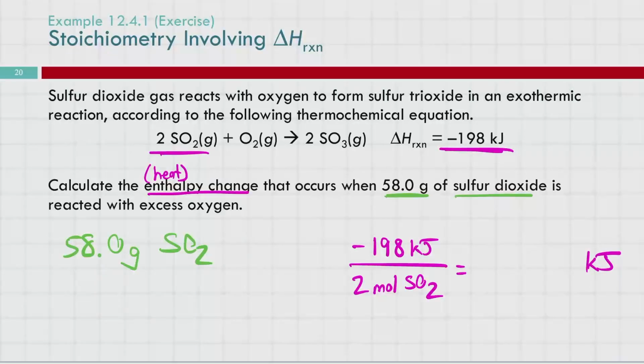To be able to use this conversion factor, what do we need? We need moles. We have grams. We can get from grams to moles with molar mass. For sulfur, it's 32.06.